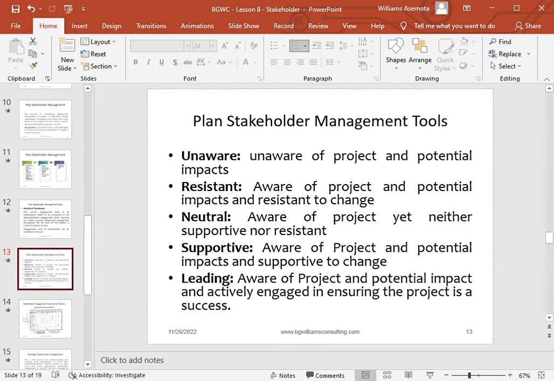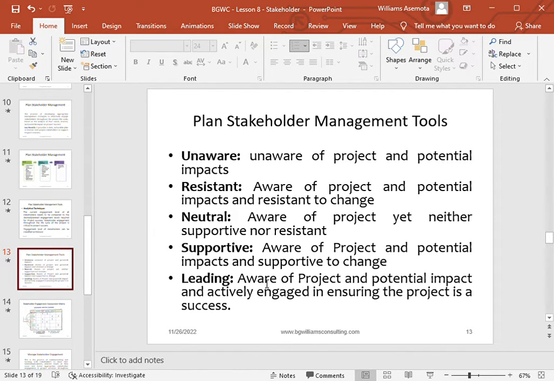Then a stakeholder can later become supportive, which means they are aware of the project and of its potential impact, and they are ready to support the project to have a success. While there are other stakeholders who are aware of the project and its potential impact and are actively engaged in ensuring the project is a success.